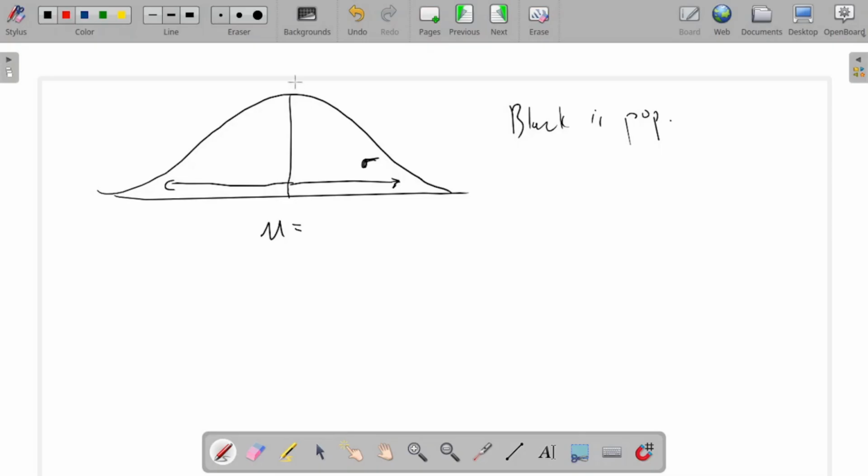So, how does the sample behave then? Well, the sample still has the same center, but it's narrower. So for property number 1, the centers are the same. Property number 2 says that the spread is different.